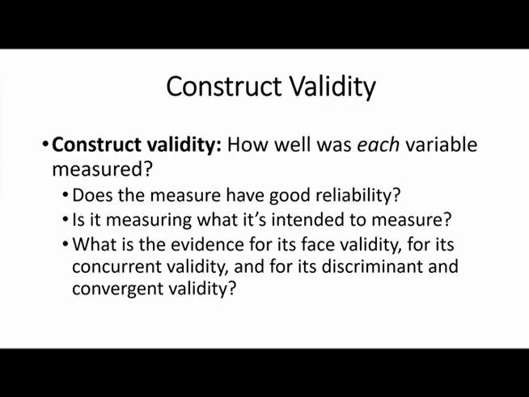So you can't just evaluate the construct validity of one of them, you have to look at both. We're also going to be looking at, does it have good reliability? Is it measuring what it's intended to measure? What is the evidence for its face validity, for its concurrent validity, and its discriminant and convergent validity? All the things. Is it doing what it's supposed to do? How well was it put together?